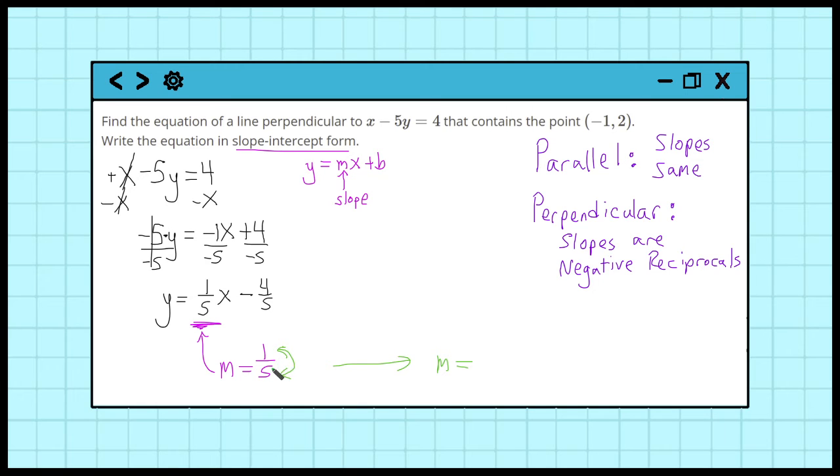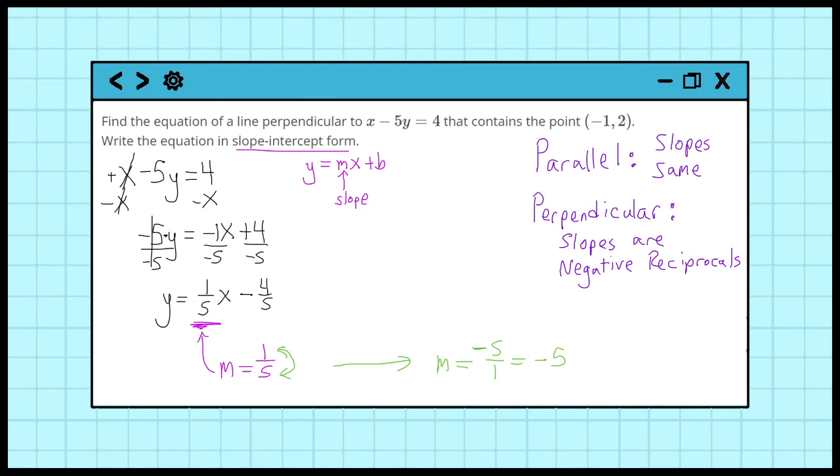So instead of 1 divided by 5, it's going to be 5 divided by 1. And then this was a positive, so my perpendicular slope is negative. So my slope here is negative 5. Now, we have to still find the whole equation, but we've done a little bit of practice with finding equations of lines given a slope and a point. So we know how to do this.